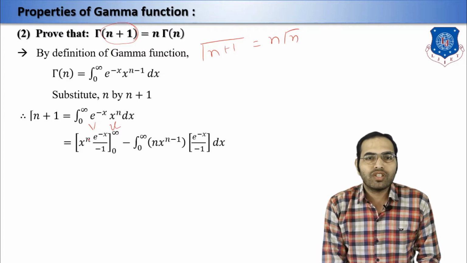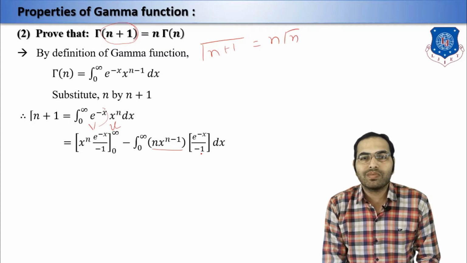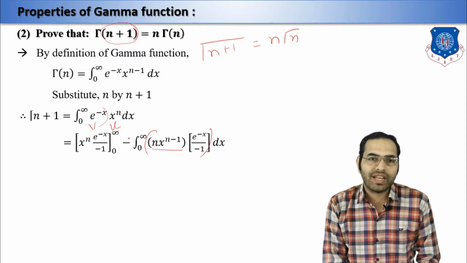Then x raised to n as it is, integral of e raised to minus x, that is e raised to minus x by minus 1, minus derivative of x raised to n, that is n x raised to n minus 1, integral of e raised to minus x, that is e raised to minus x by minus 1, and total integral into dx, where x is running from 0 to infinity.